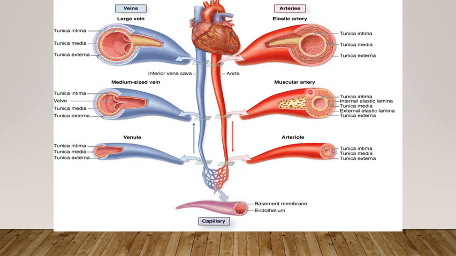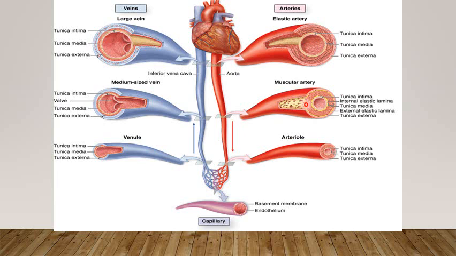Here the layer of muscle decreases as compared to the large size arteries, but these are mostly muscular in the tunica media. There will be no elastic component. They are purely muscles in the tunica media of these medium sized arteries, so these are also known as the muscular arteries.